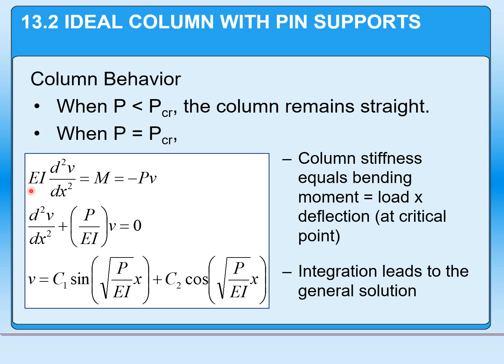It depends upon the modulus of elasticity, meaning the stiffness of the material, and the overall shape of the column. And this gives us an idea of how fast the rate of change is going to be in terms of the deflection. This is going to be equal to the moment. The moment's going to be caused by this applied load P, and v, which is our deflection, meaning how far out of straight it has become.